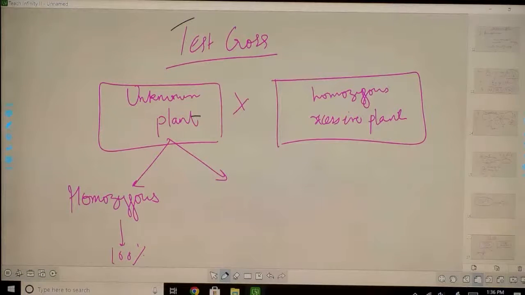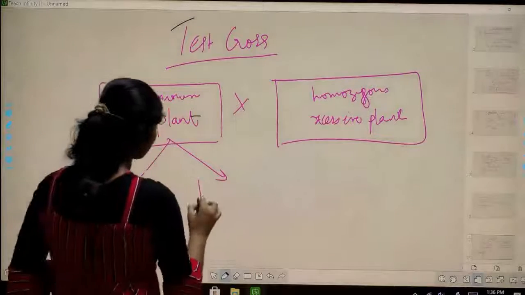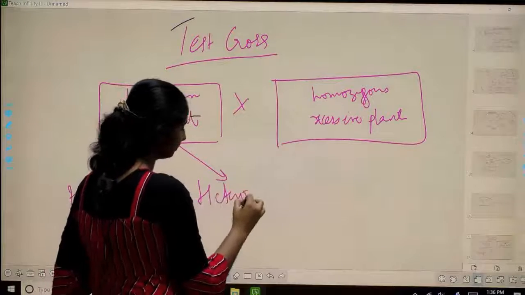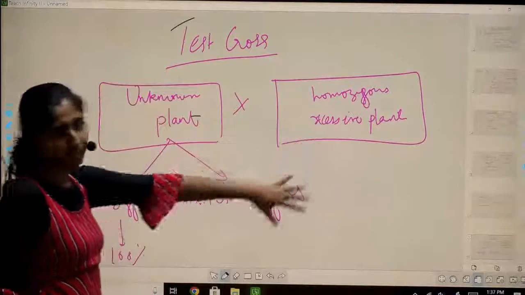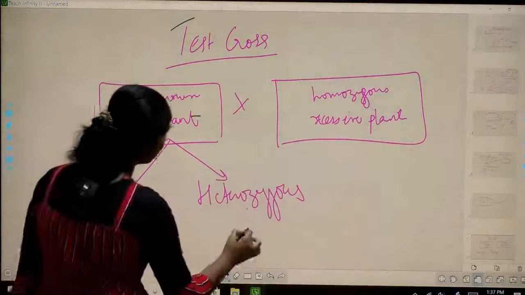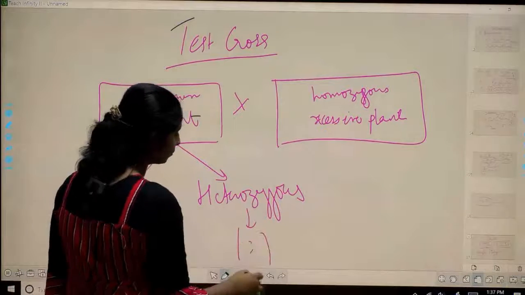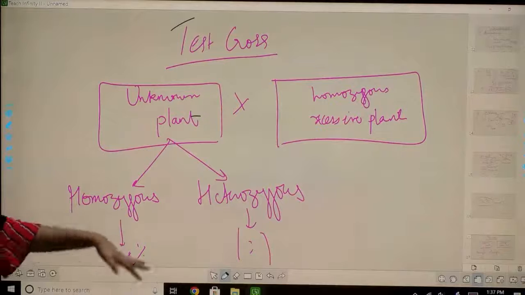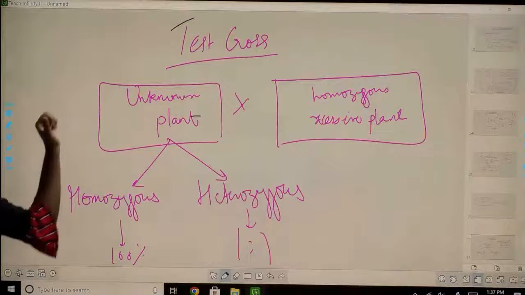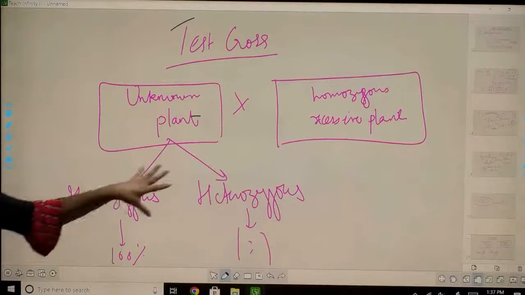Whereas, if the unknown plant was heterozygous, in the resulting test cross, the progeny that would be produced would be in 1:1 ratio. So depending on the progeny that we are getting, we can say whether the unknown plant was homozygous or heterozygous.